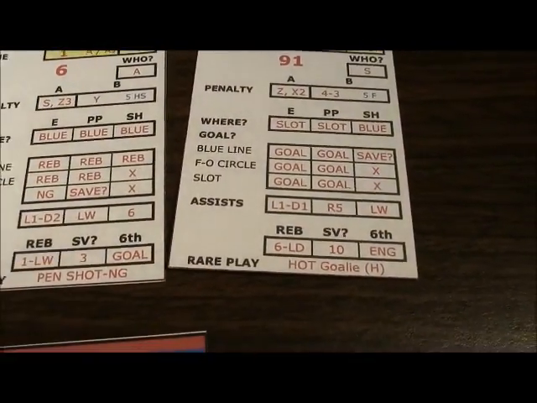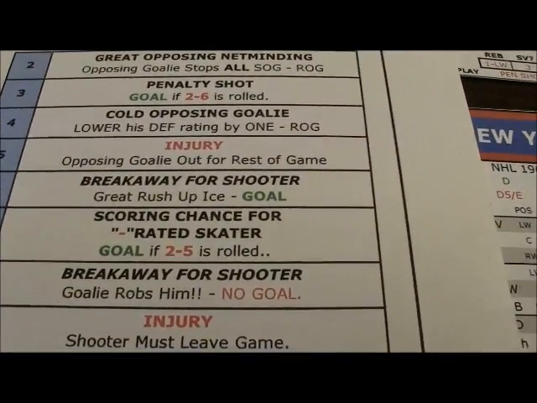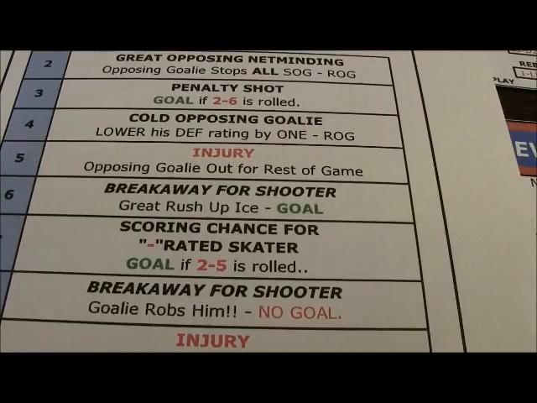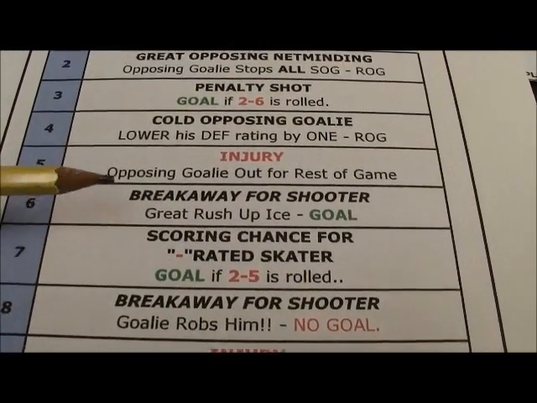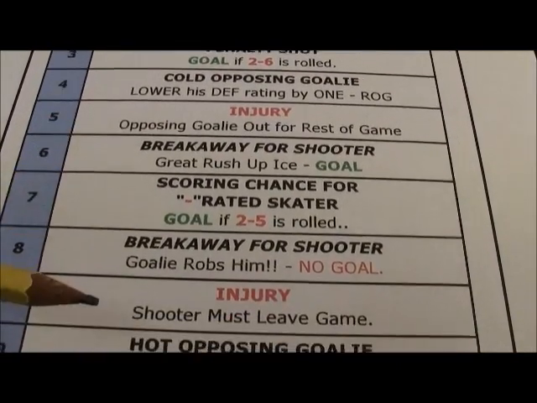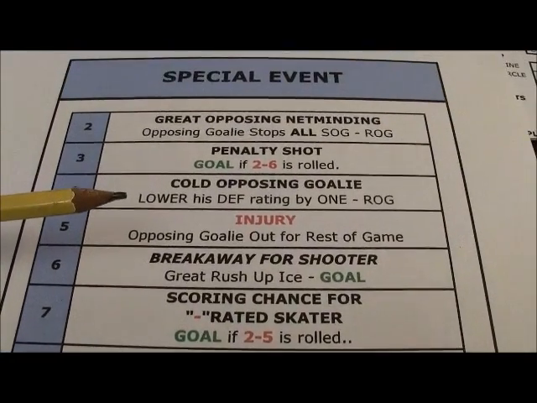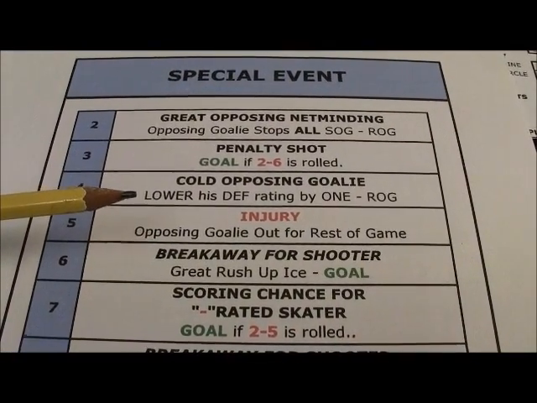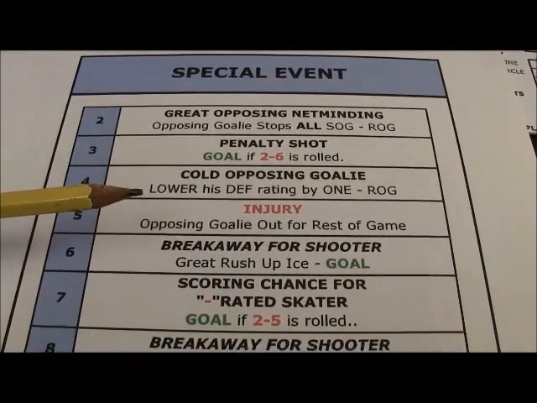Now other things that can come up on the rare play chart, and again, these are all incorporated onto the action deck. A player can have a breakaway and score, or a breakaway and not score. A goalie or a shooter can be injured. A goalie can become cold, and you lower his defensive rating, and that changes the other team's scoring range.